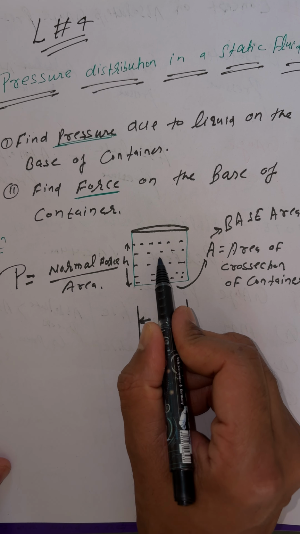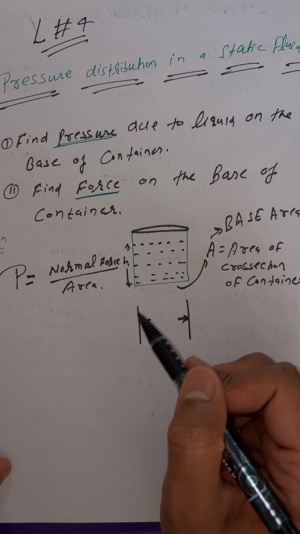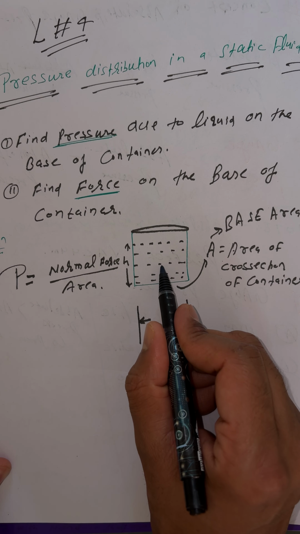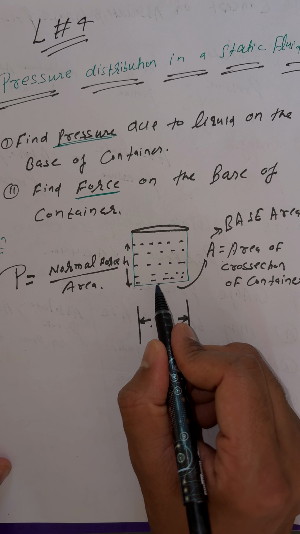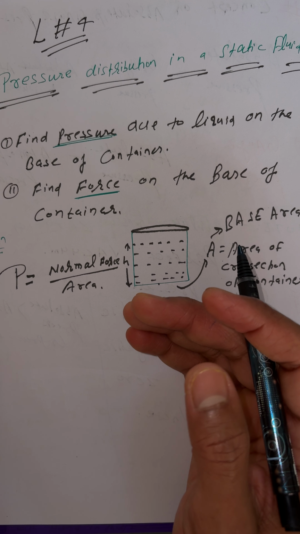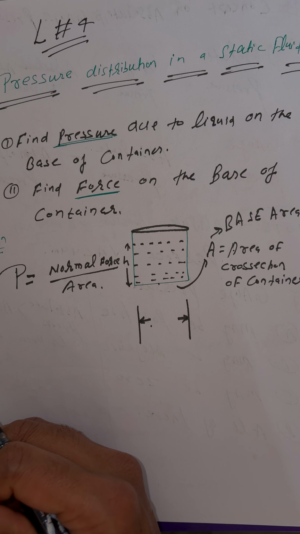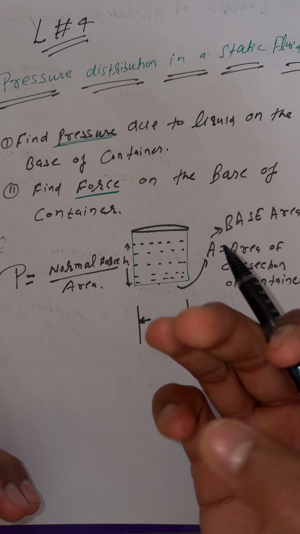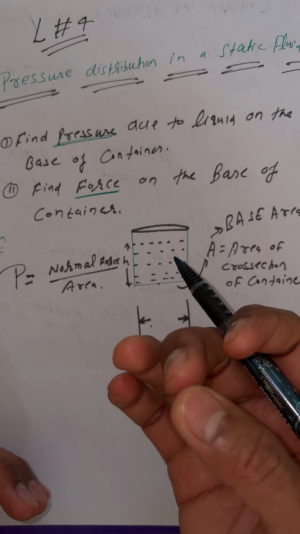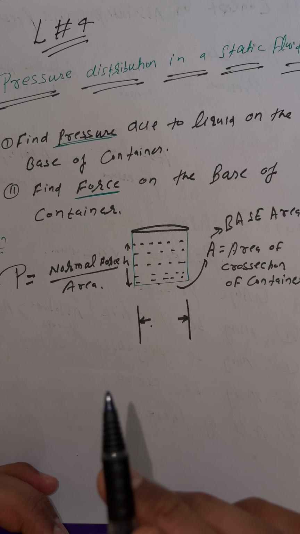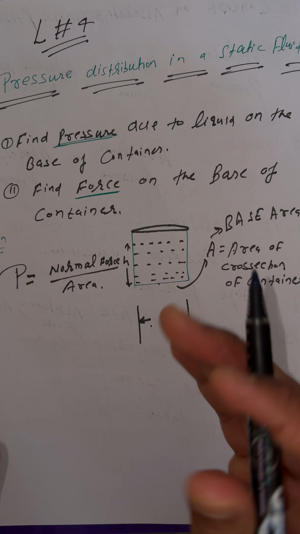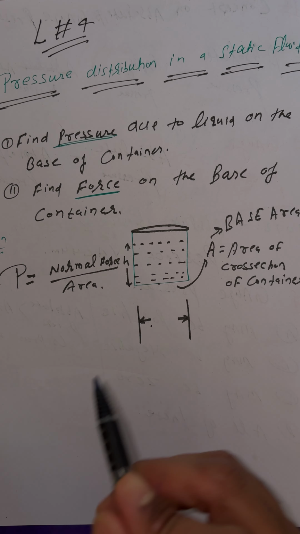So now friends, just make a picture of this container. Now you can see, because this liquid is in contact with the container, as I saw in NLM there are kinds of force: contact force, normal force, tension force, friction force. These all are contact forces. So for normal and friction, the mandatory condition is that two bodies must be in physical contact.